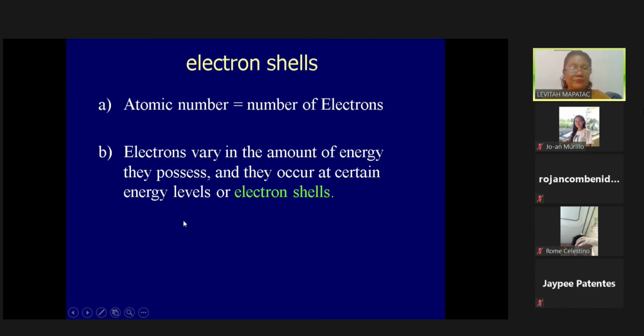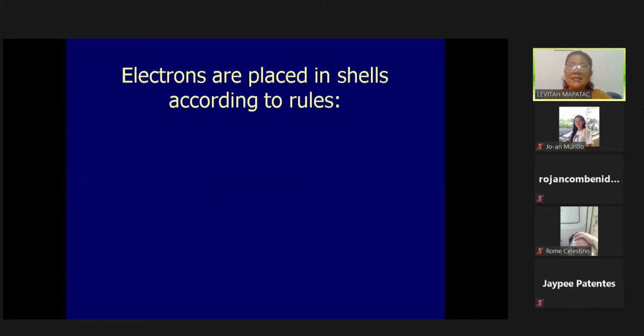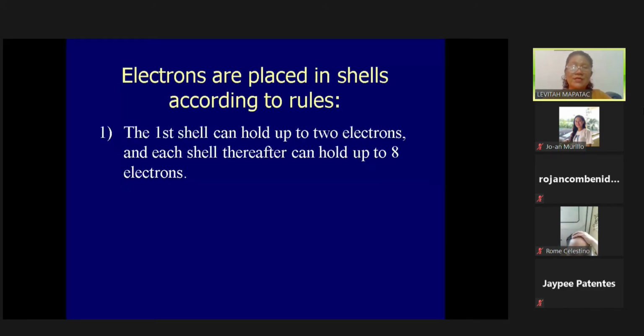The electron shell determines how atoms behave when they encounter other atoms. That is known as the valence shell. Your valence shell electrons determine how it will combine, share or transfer electrons. Electrons are placed in shells according to rules. First, the first shell can hold how many?